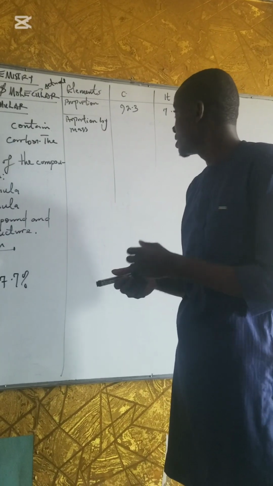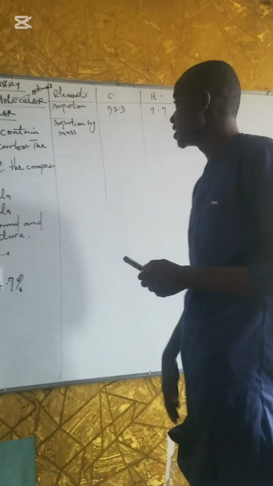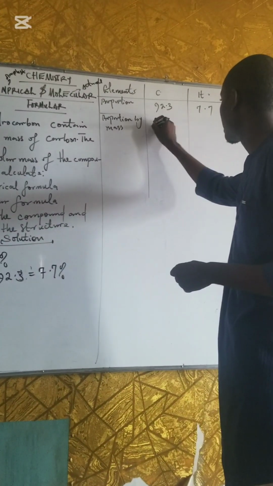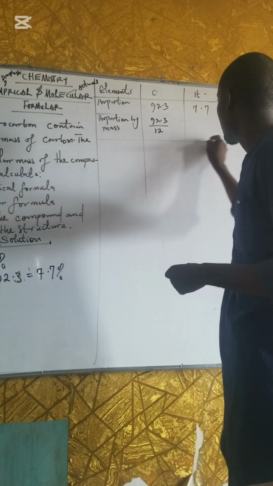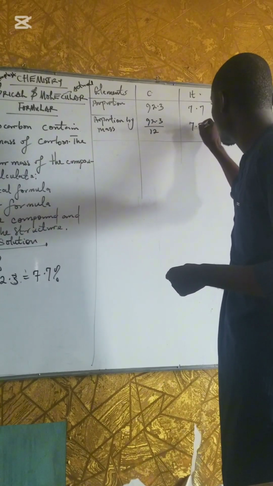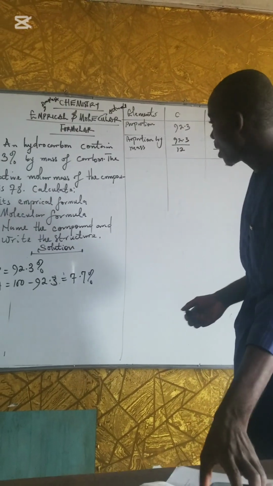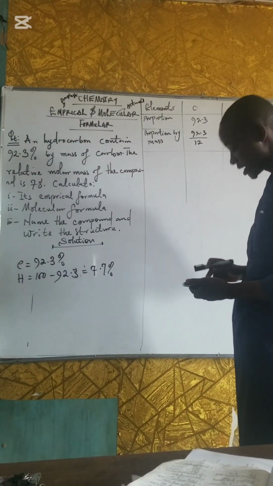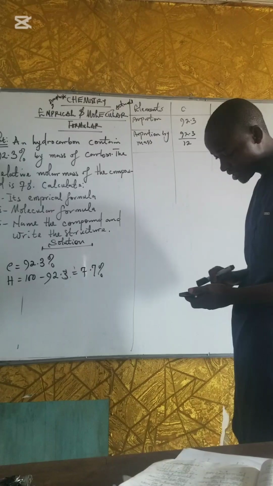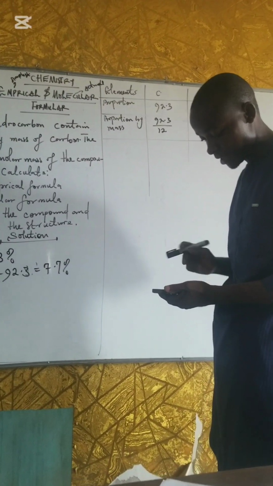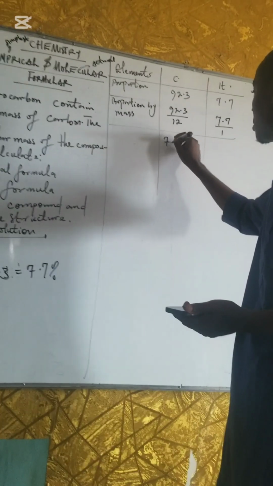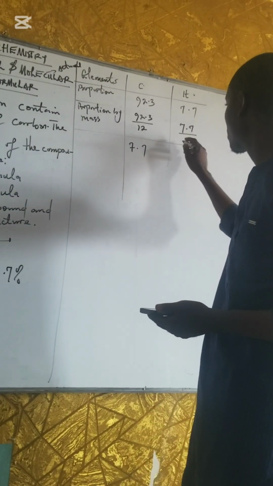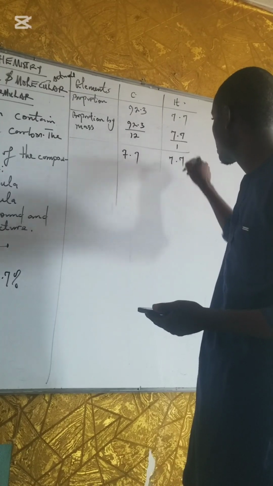So the carbon will be 92.3 divided by 12, and that of hydrogen will be 7.7 divided by 1. So let's pick up our calculator. 92.3 divided by 12 is 7.7, while that of hydrogen also is 7.7.